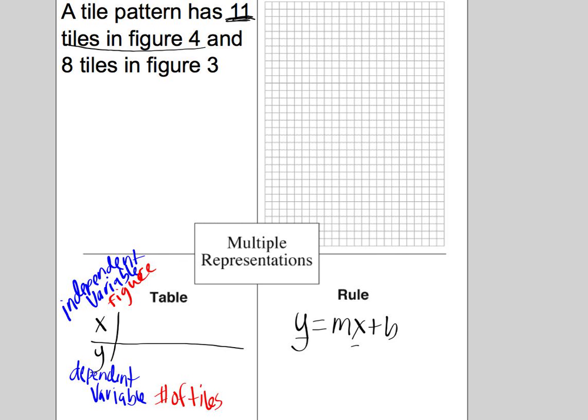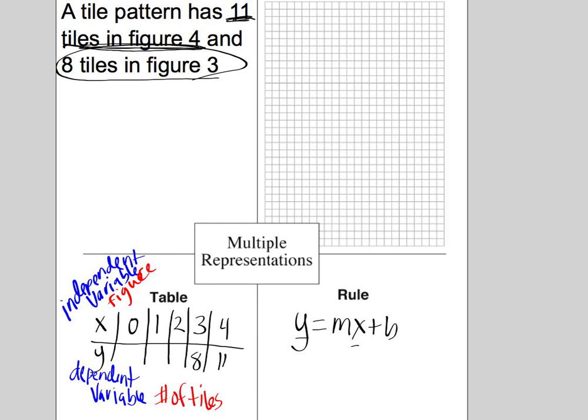That tells me that figure 4 will have 11. And I'm leaving some space here because I'd like to put some other figures in. Figure 3, 2, and 1. And maybe I should move everything over further and also put in figure 0. So let's see, figure 3 has 8 tiles, so figure 3, 8 tiles.